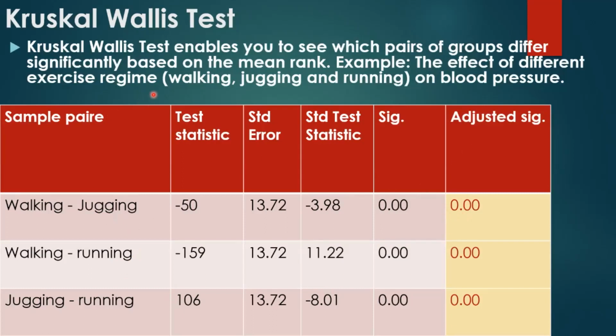It makes some kind of pairwise comparison. For example, let's look at this one: walking, jogging, and running, the effect of different exercise regimes on blood pressure. Kruskal-Wallis will compare walking and jogging: was the blood pressure significantly different or not?